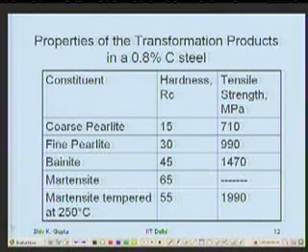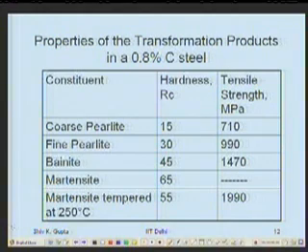Now, in this table, I'll show you the hardness as well as how it is related to the strength, which we call the tensile strength. I'll explain what the tensile strength and the yield strength and other things are when I come to the mechanical properties.